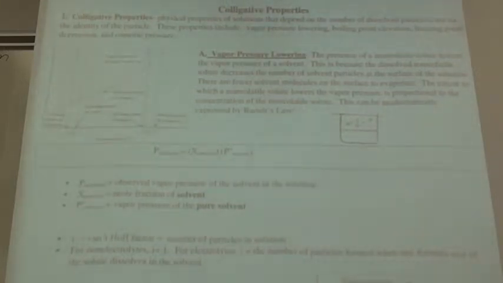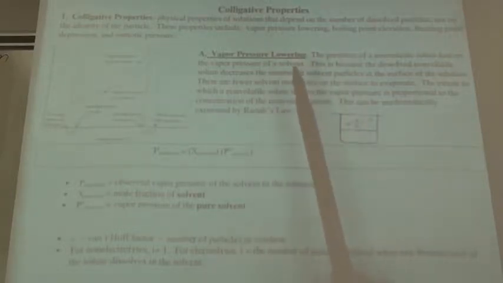The liquid particles become gas particles, and those gas particles move as gas particles do in random straight line formation, and when those gas particles hit the surface of a liquid, they create a pressure. That is called vapor pressure. So you know that if a liquid is very volatile, it will have a very high vapor pressure. A lot of the particles will go into the vapor state.